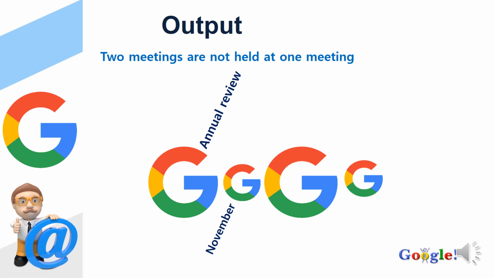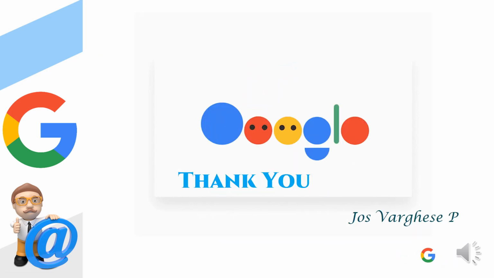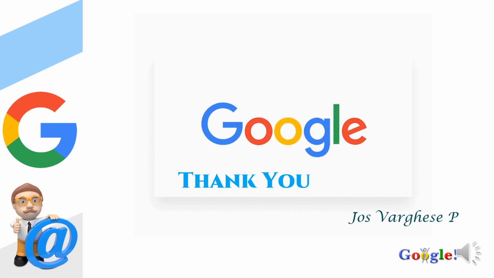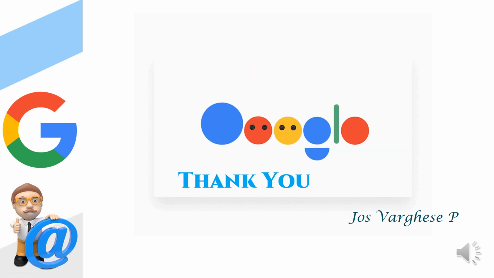The annual review will be done in November, and the pay discussion will be done after one month. We have seen the performance appraisal methods used by Google. They are mainly using 360-degree feedback and self-assessment methods.